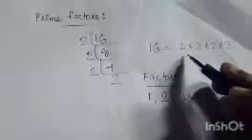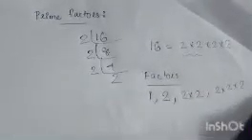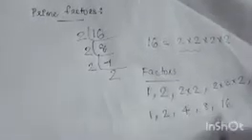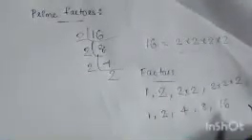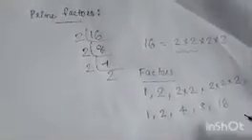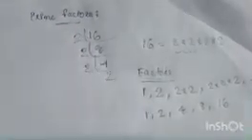The last, consider all four 2's. That is 1, 2, 4, 8, 16. These are the factors of the number 16. This is the way we find factors using the factorization method.